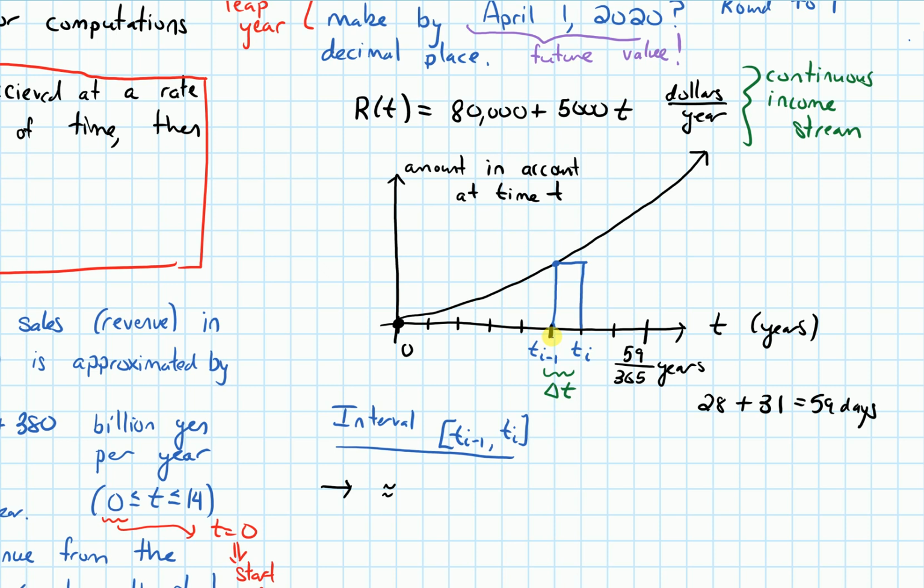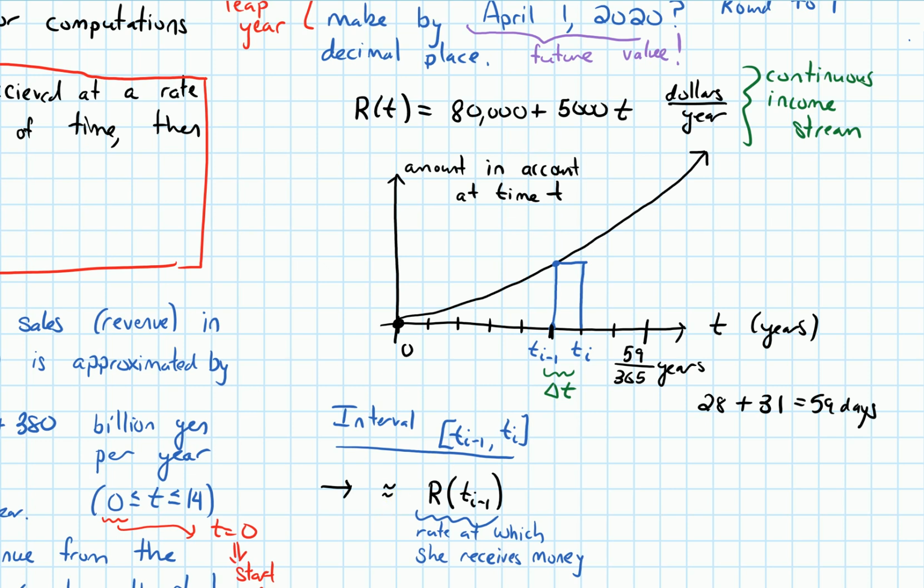So at t sub i minus 1, if I plug that into this rate of change of her revenue, I would get r of t sub i minus 1. This is the rate at which she receives money. I'm going to estimate that on this time interval, the rate at which she receives money is just constant. That's why this is going to be an approximation.